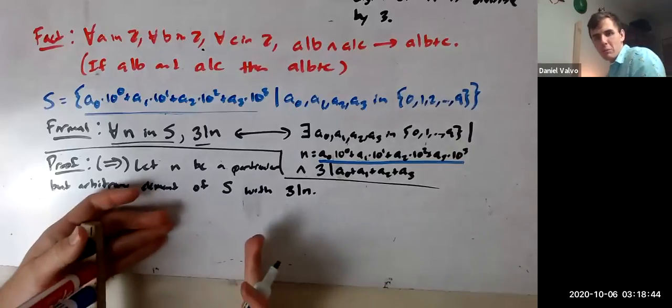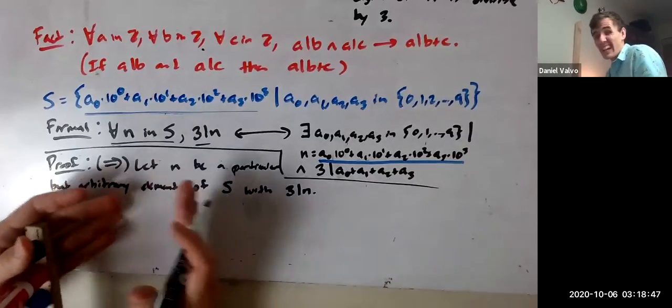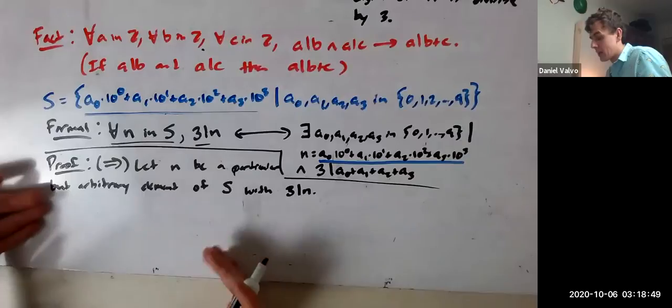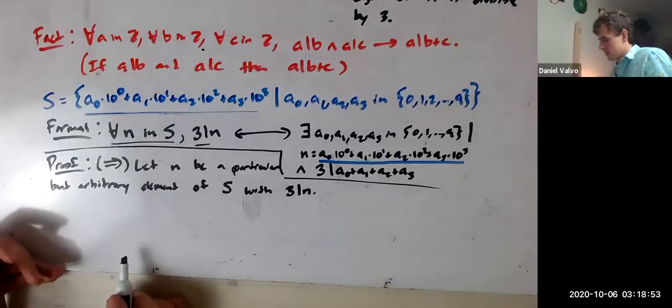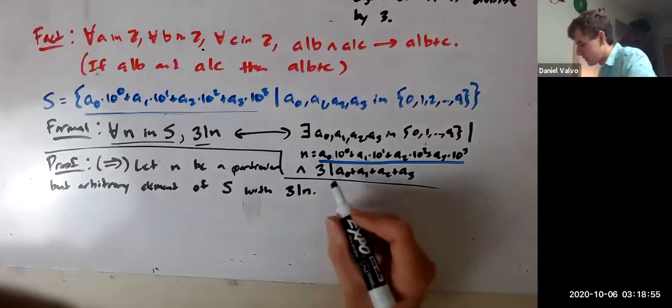So we're assuming n meets our conditions. Just assume we have any old n, any particular arbitrary n, and you get 3 divides n. That's how all of our direct proofs start.